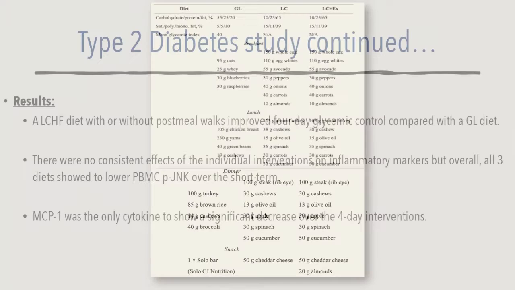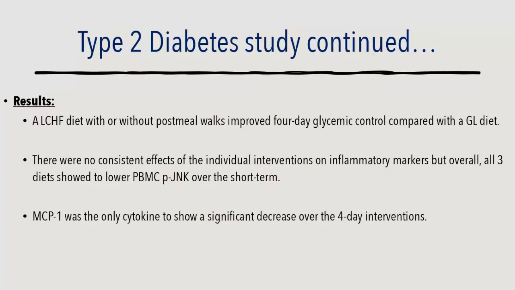So the results of this study: they did find that the low-carb, high-fat diet with or without the post-meal walks did improve the 4-day glycemic control compared to just the normal low-fat, low glycemic index diet.